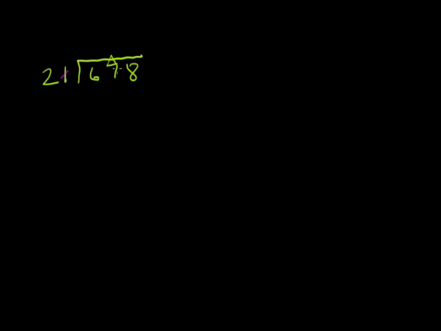We're dividing into 67, so we can ignore the 7 and then estimate how many times 2 goes into 6. Well, 2 goes into 6 3 times, so we're going to try 3. Now, 21 times 3 is 63.